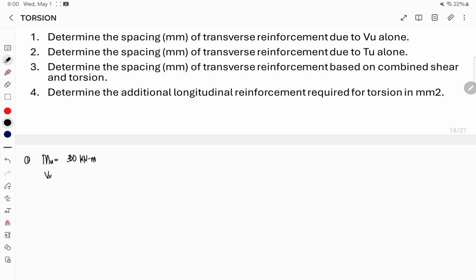The Vu is already a factored shear, meaning the factored Vu is equal to phi Vn. For Vu we have 247 kilonewton, and for the torque we have 40 kilonewton meter.